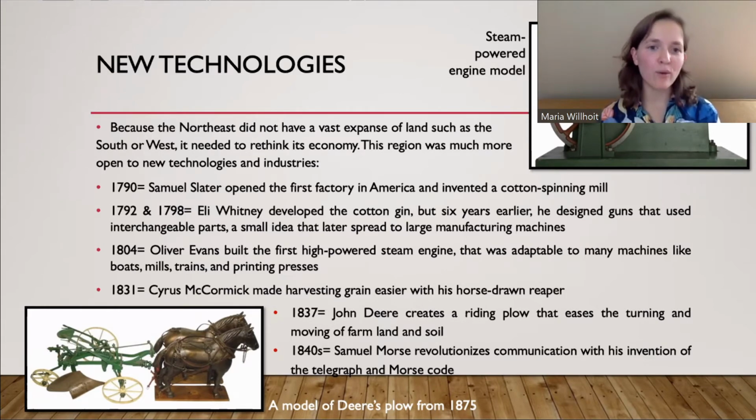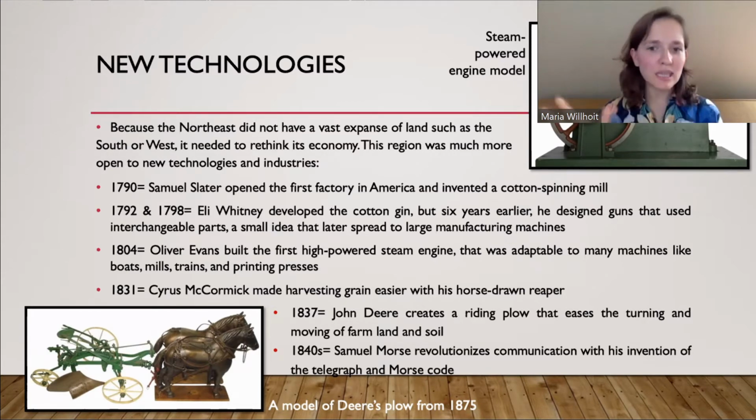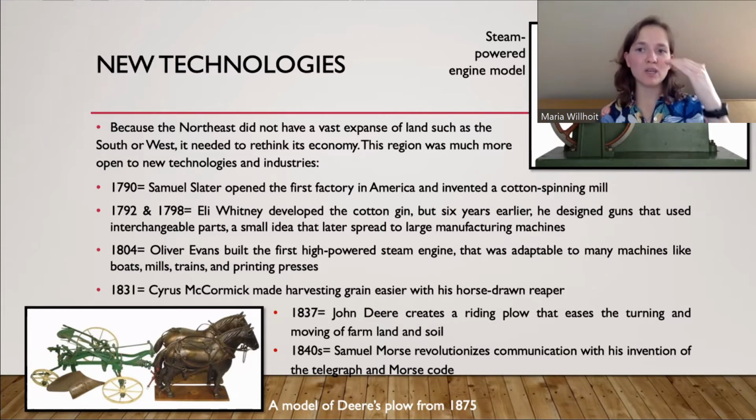In 1804, he built the first high-powered steam engine. And maybe you're wondering, what is the big deal about this? I mean, I thought so. But the steam engine was very important because it was adaptable for many machines and it made machines go faster.